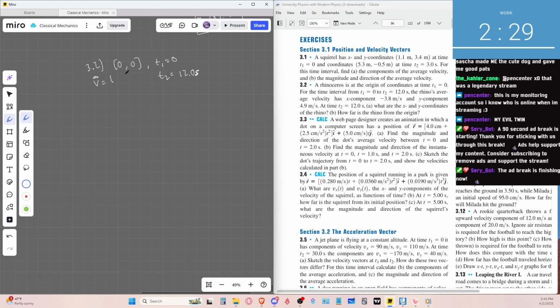So that is negative. No, actually, I should write it somewhere else, make it easier to see, because that doesn't look nice.